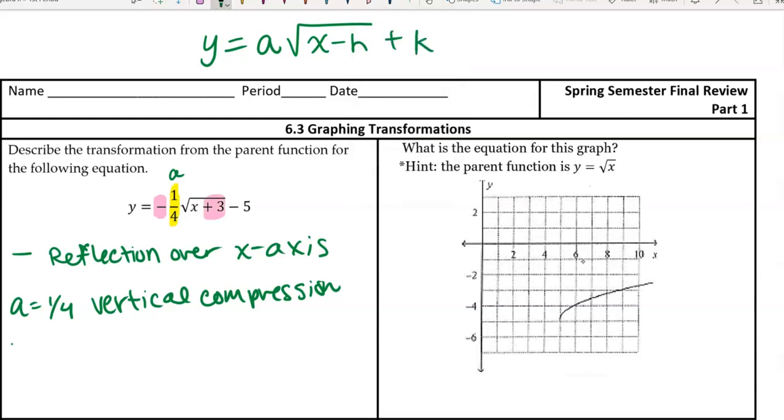H is +3, but we remember x lies, so H is actually -3, which means we have a shift left. And then lastly, we have our K, which is -5, and this is a shift down.